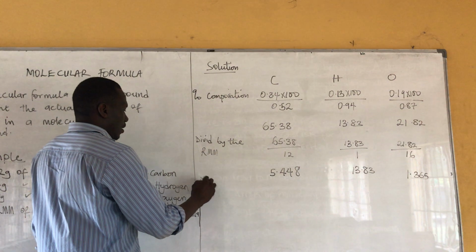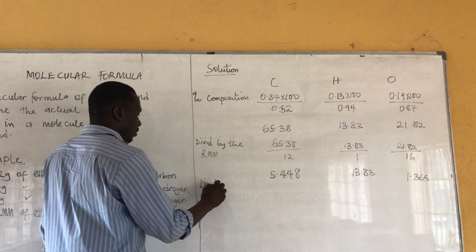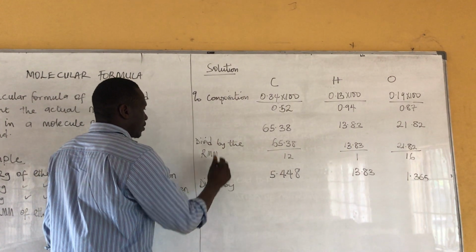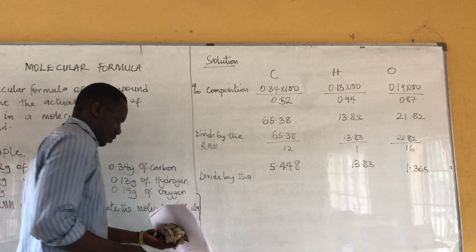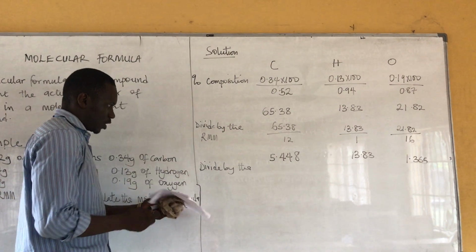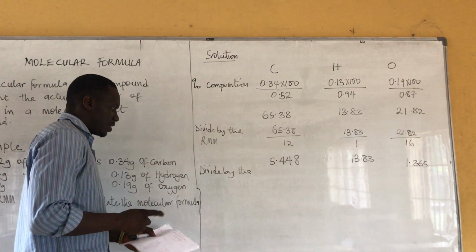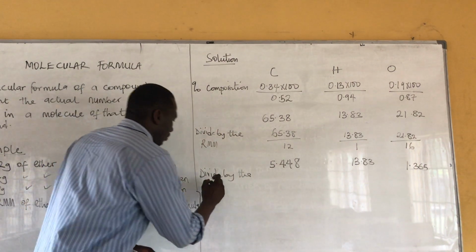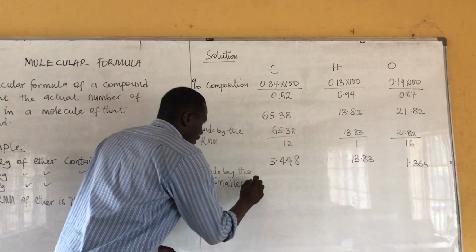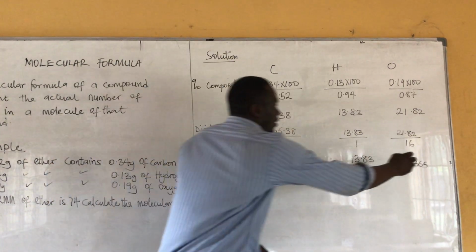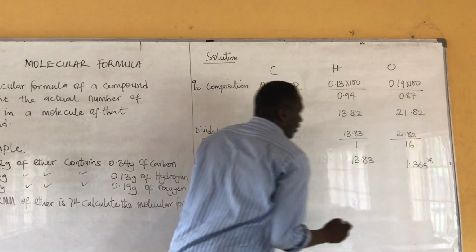The next step: divide by the smallest. Which value is the smallest here? This is our smallest value here.